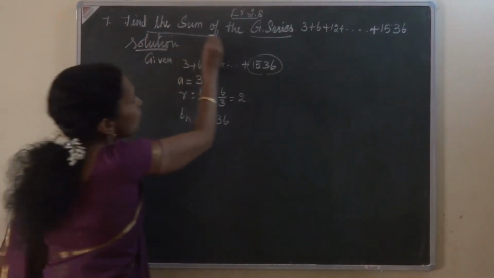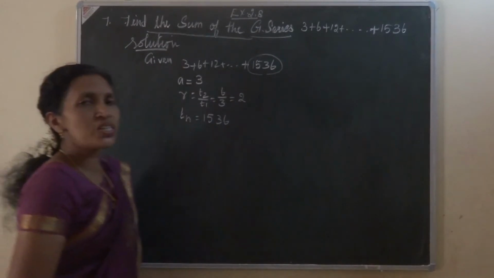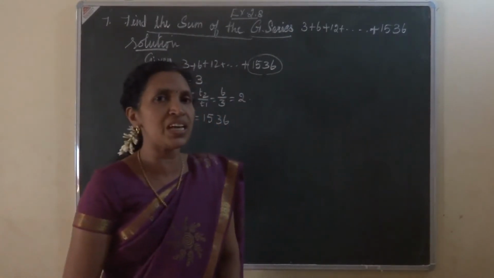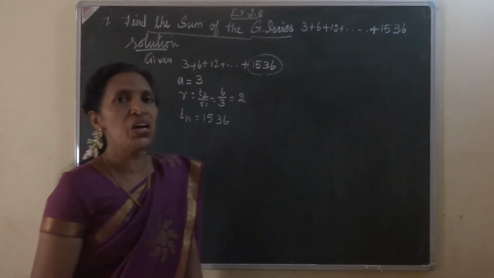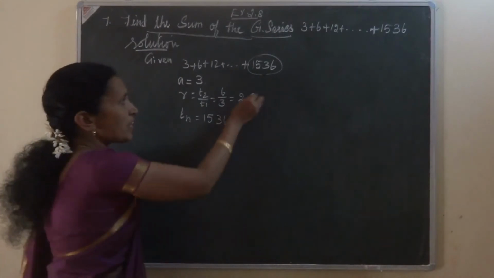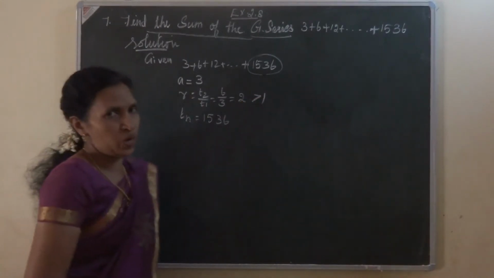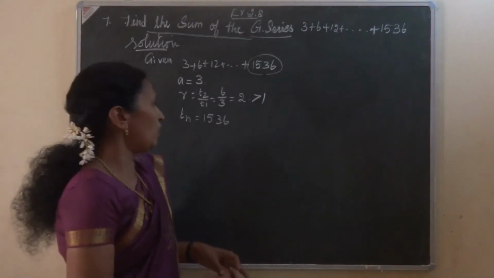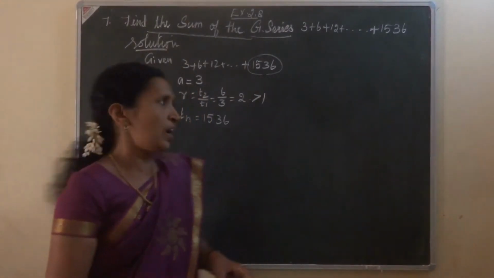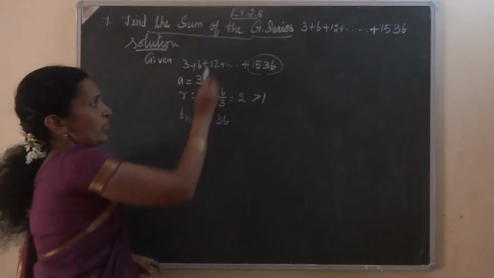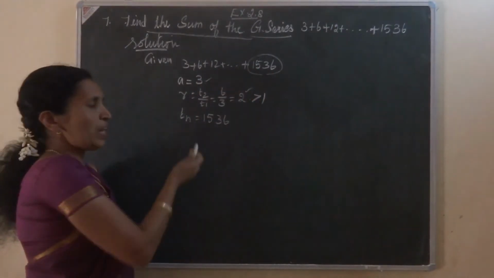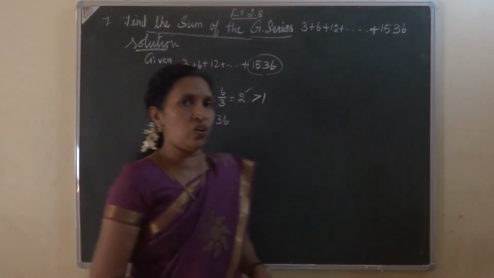What did they ask to find? Find the sum of the geometric series. What's the formula for finding the sum of a geometric series? Sn equal to A into (R power n minus 1) by (R minus 1), because here R is greater than 1. A value we know, R value also we know, but n value we don't know.